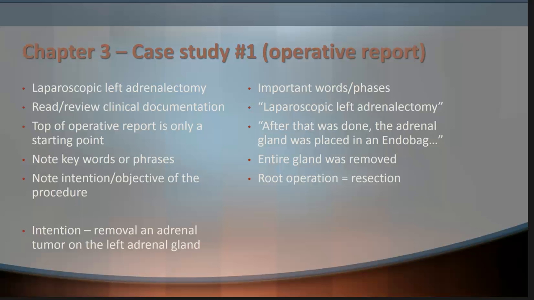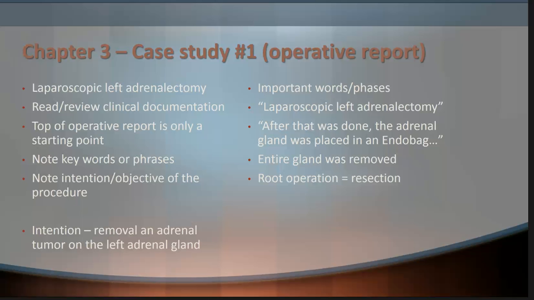It says that at the top. We need to verify that. It also tells us that the patient's adrenal gland on the left side was removed with a laparoscopic approach. As we read down, we notice wording such as laparoscopic left adrenalectomy. After this was done, the adrenal gland was placed in an endo bag.